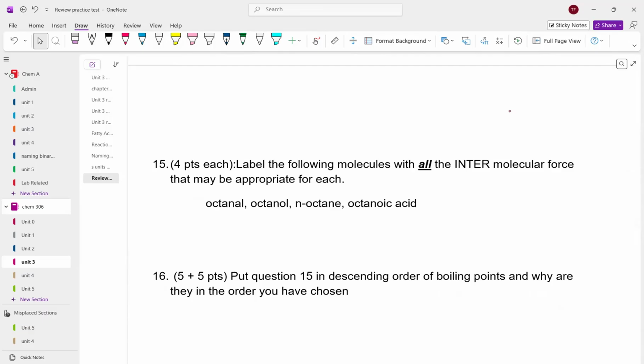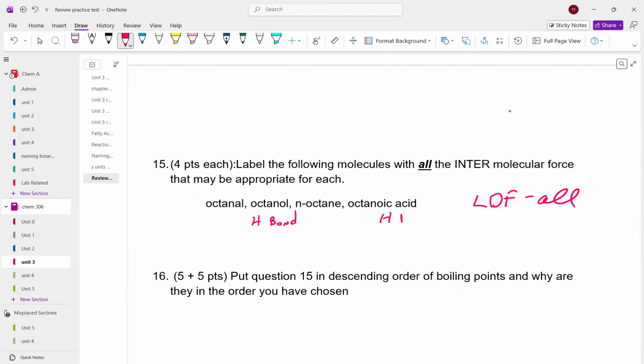Okay, let's label all the intermolecular forces. Well, right off the bat, all of them have London dispersion forces. So every molecule has got LDF. Okay. So this has got hydrogen bonding.